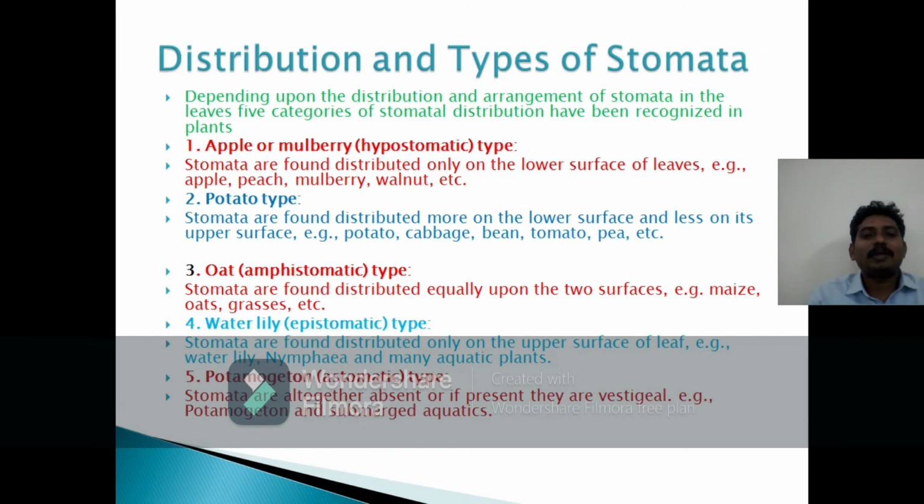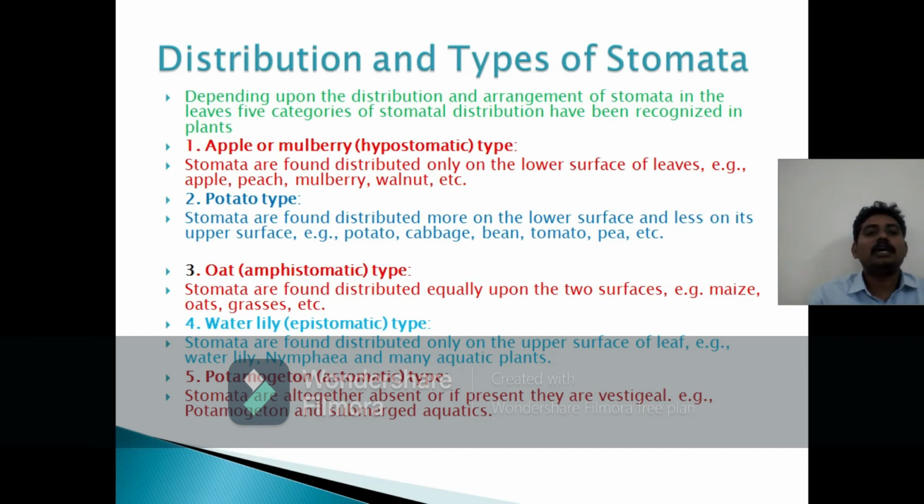These stomata are distributed only on the lower surface of the leaf. This type is known as hypostomatic stomata, or the apple or mulberry type.